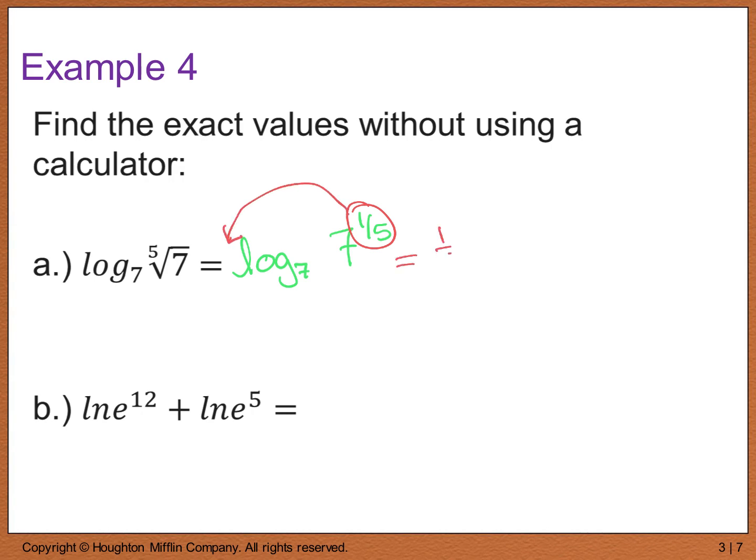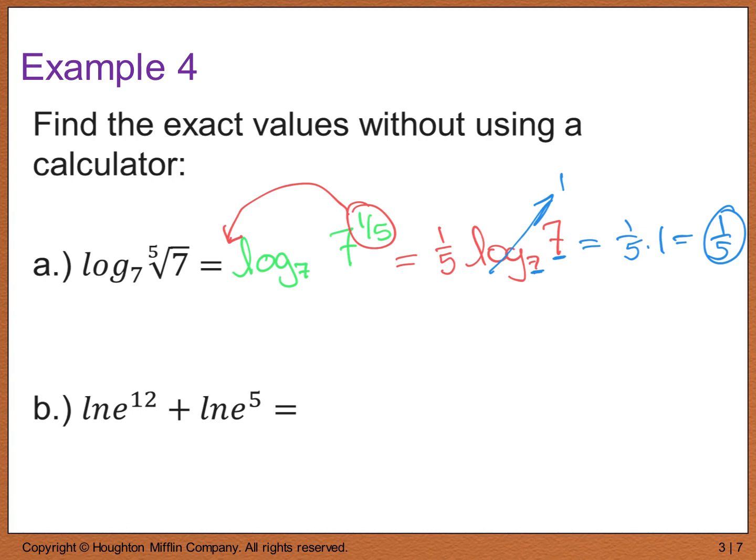So now I have 1/5 times the log base 7 of 7. And if you remember from the part 1 video, if I'm taking the log and the base is the same as the number that I'm taking the log of, this is going to equal 1. So what I end up with is 1/5 times 1, or 1/5. And notice I never had to touch a calculator to simplify this.